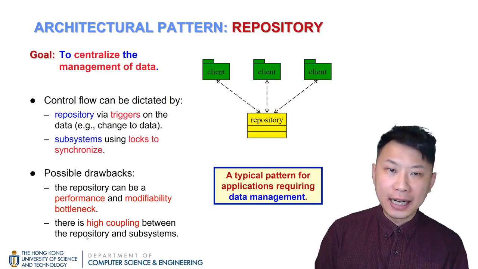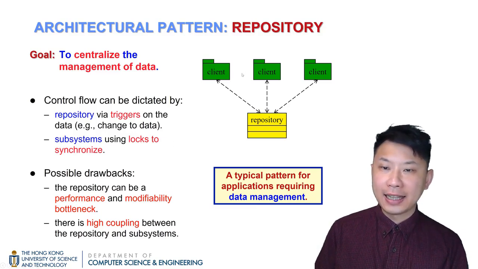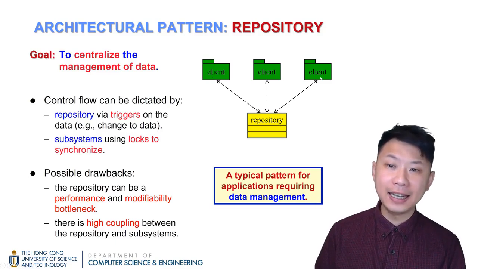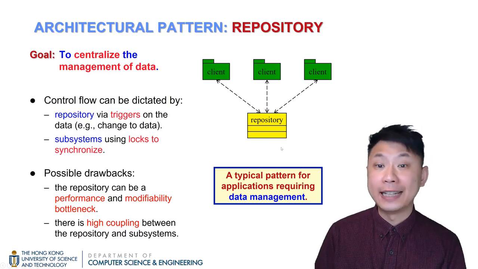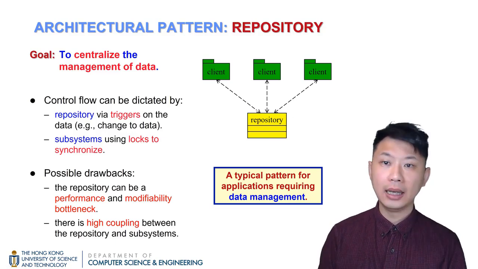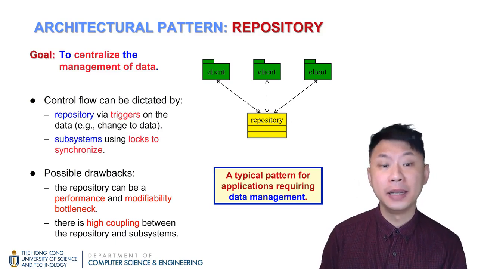In the repository architectural pattern, we have many clients, and these clients depend on a repository for data management. If these clients want to access some data, it has to be done through this centralized repository. This is the typical architectural pattern that we use for a database management system.